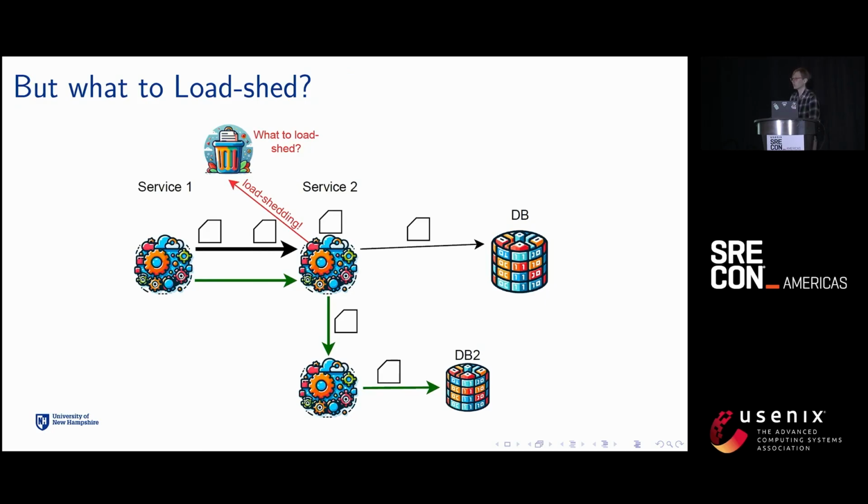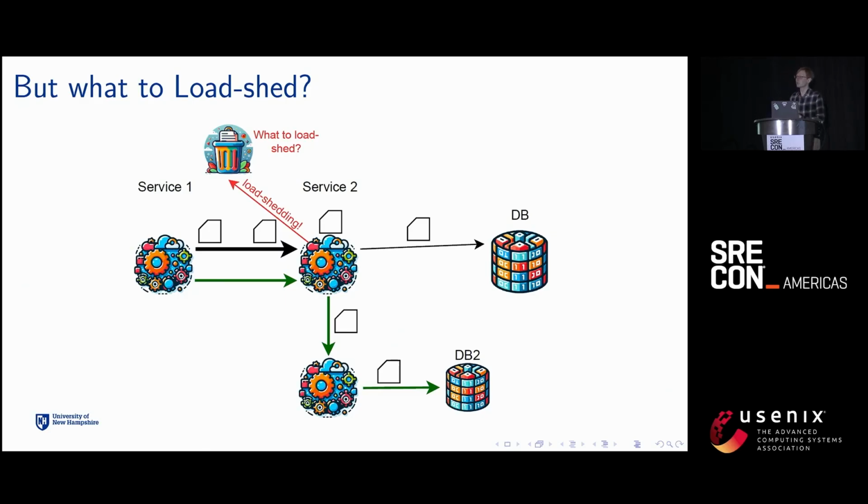The two big questions, of course, are what to load shed, right? Can you identify exactly the things that need to be dropped? What work do we need to drop? It may be easy to say, okay, just drop the work that's going to overload that particular database, right? But real systems are more complicated than my toy example. We may have caches, we may have a bunch of other things sitting between some service and a database, a stateful component.